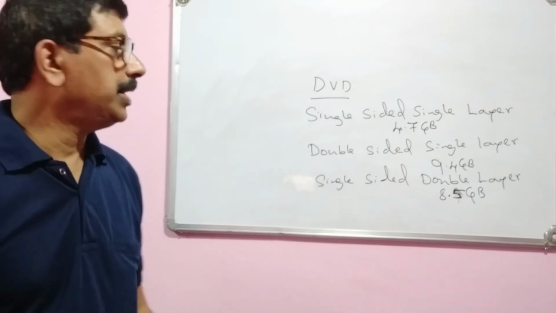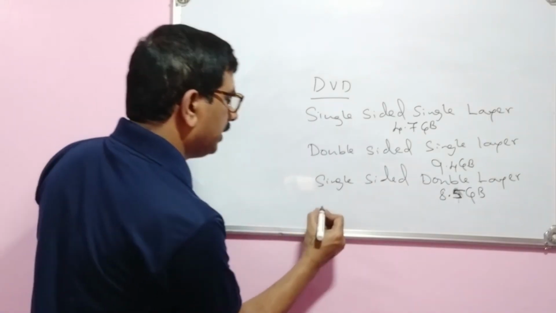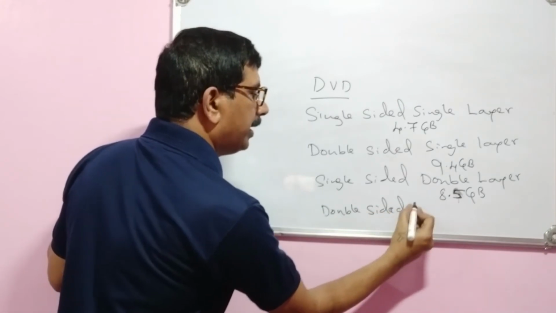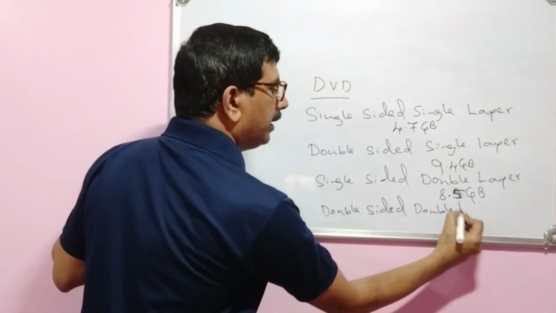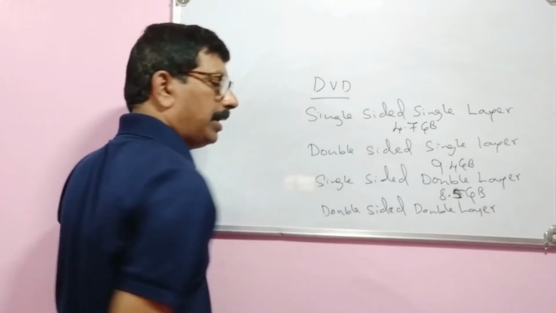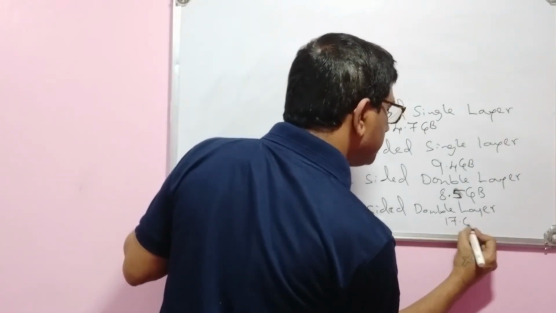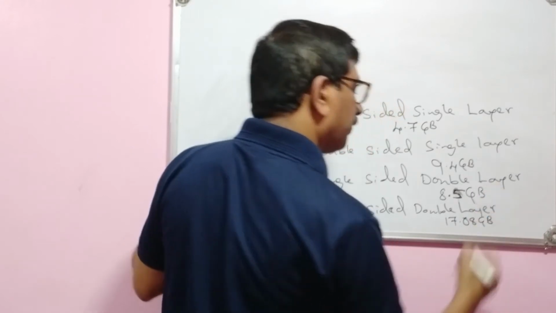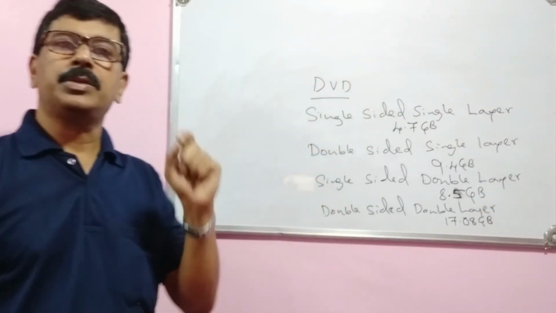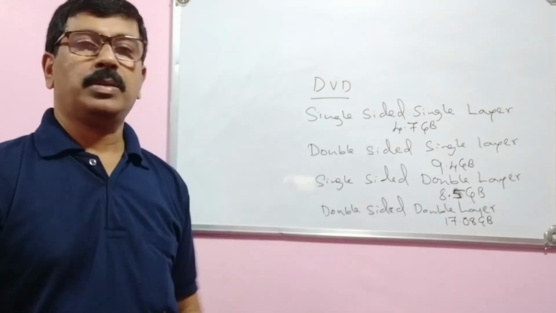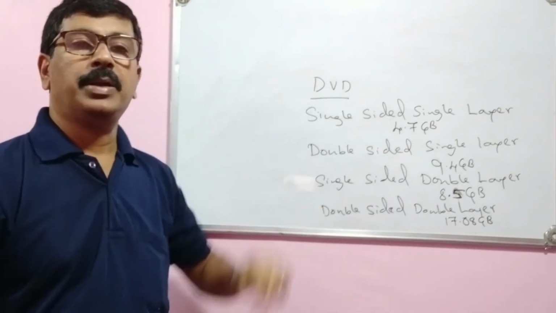And the last one is double-sided double layer, with a size of 17.08 GB. That may be the highest capacity of a DVD.